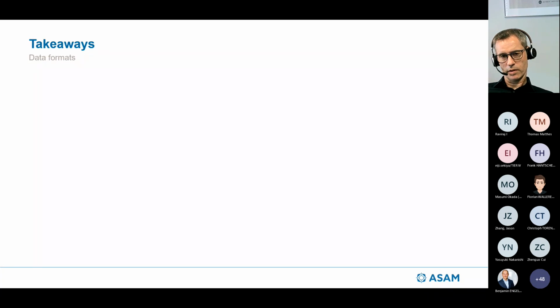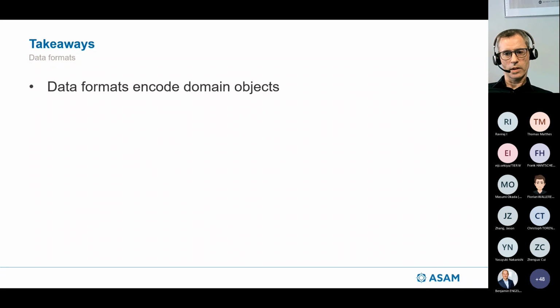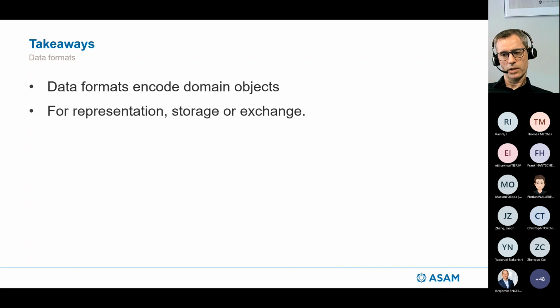Now the takeaways. Data formats encode domain objects, as I define it, for representation, storage, or exchange. Whenever it's about representation, storage, or exchange, you can be very sure that we are talking about data formats.